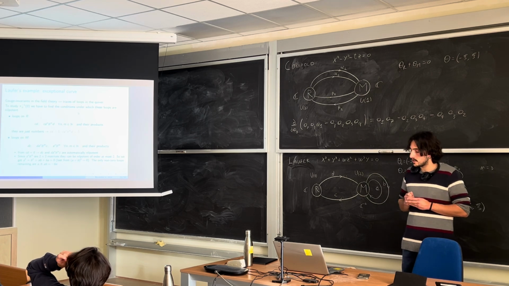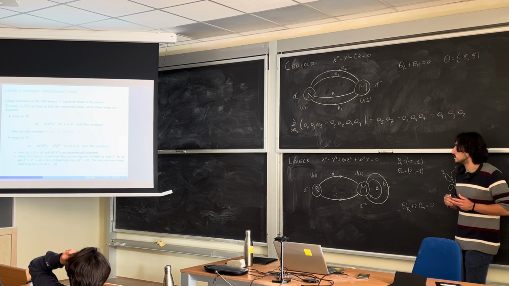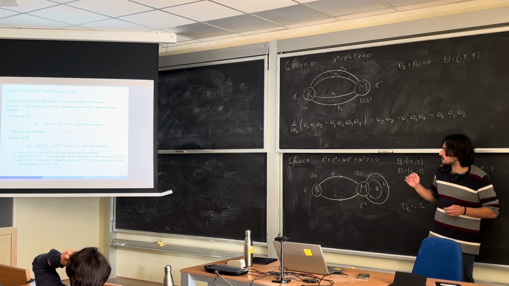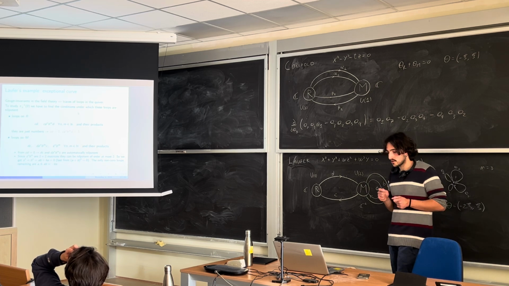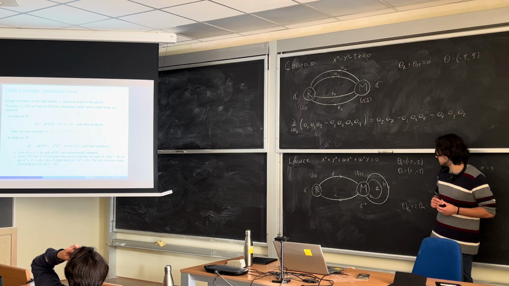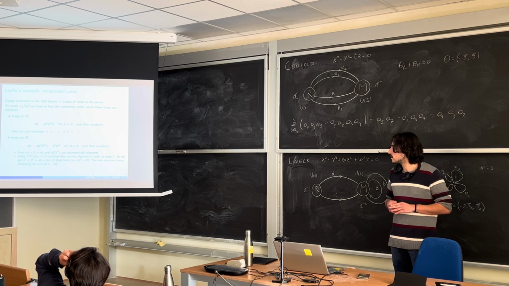And at the end, the goal is to find the conditions such that the loops are nilpotent as linear maps in the quiver representations.